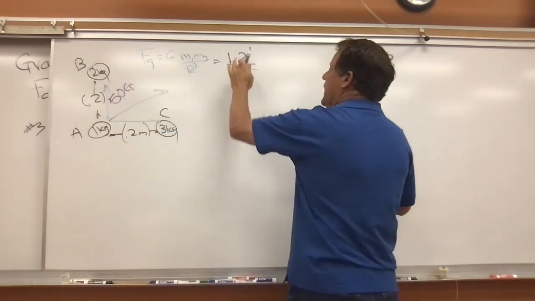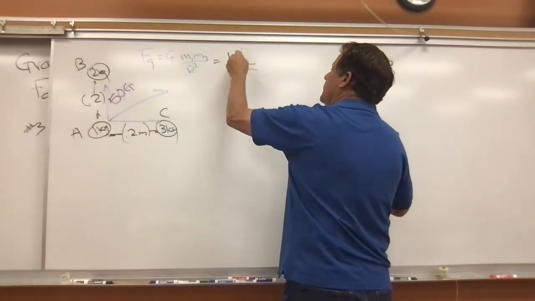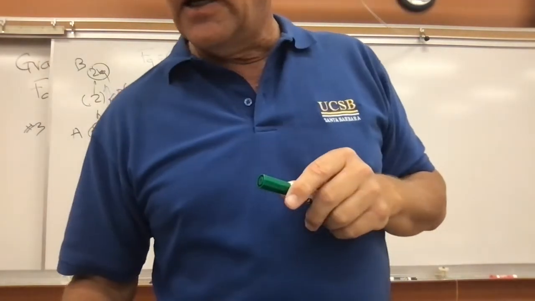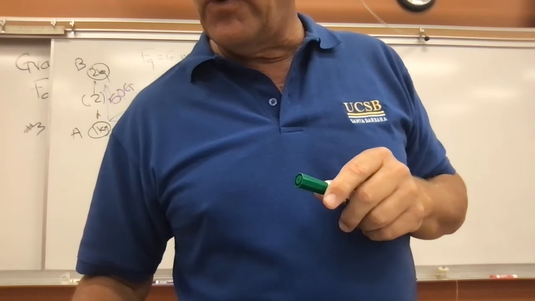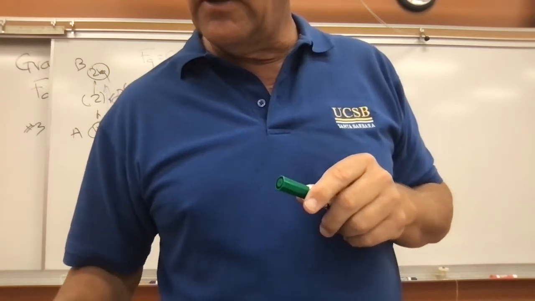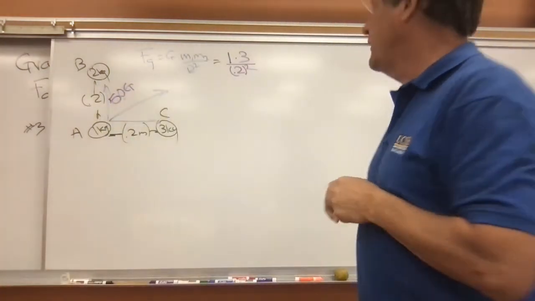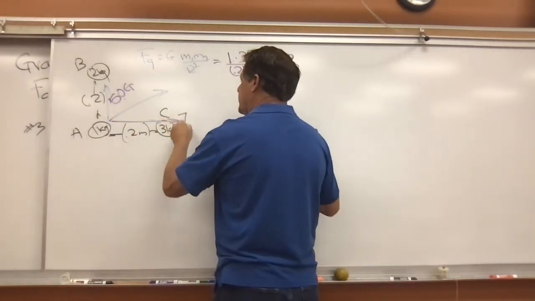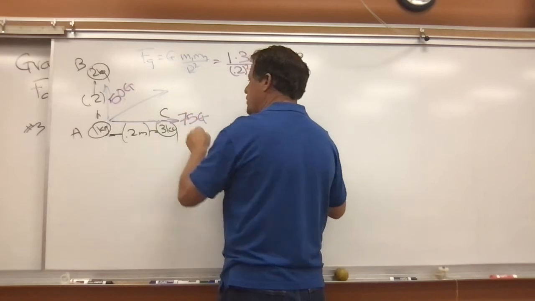Then we're going to say 1 times 3 divided by 0.2 squared, and that's going to give us 75. So this vector right here is going to be 75G.